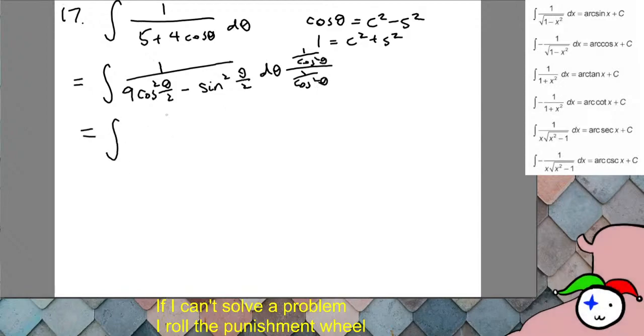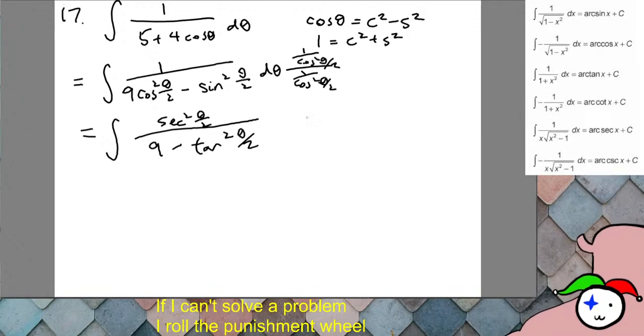That gives you secant squared over 2 over 9 minus 10, because then we can get a natural log some way.